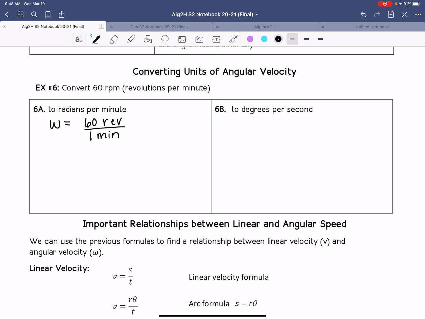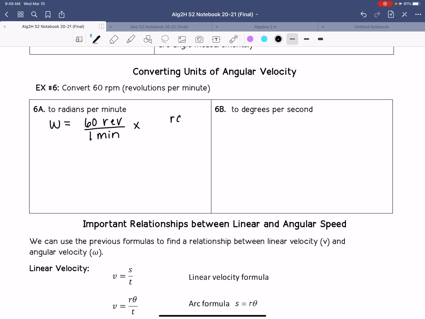And we want to change revolutions to radians. So we have to use a little bit of brain power here. A revolution is a full time around a circle. Like when you see RPM in your cars, revolutions per minute, that's how many times your tire is making a full circle. If we want to convert this to radians per minute, I need radians in the numerator.